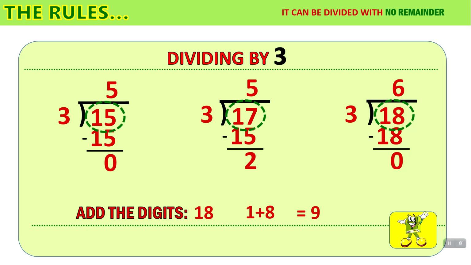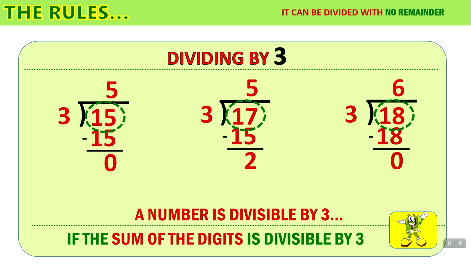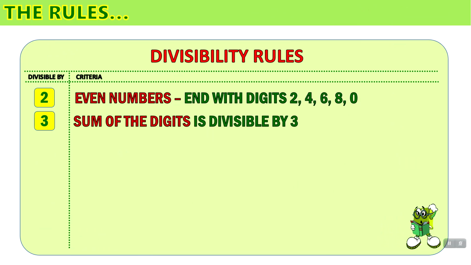It gives us 9. Can 9 be divided by 3 without a remainder? Yes. And so therefore 18 is divisible by 3. And so the rule is, a number is divisible by 3 if the sum of the digits is divisible by 3. So let's add that to our rule. Divisible by 3 if the sum of the digits is divisible by 3.